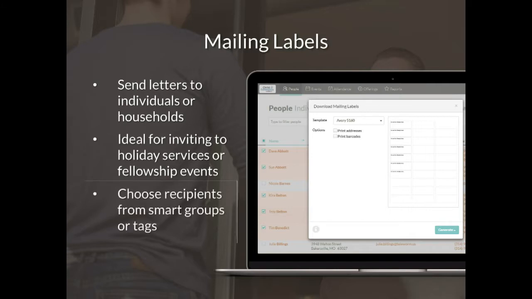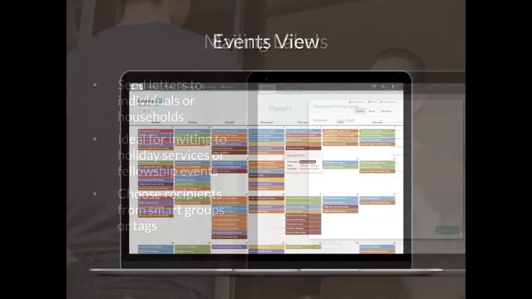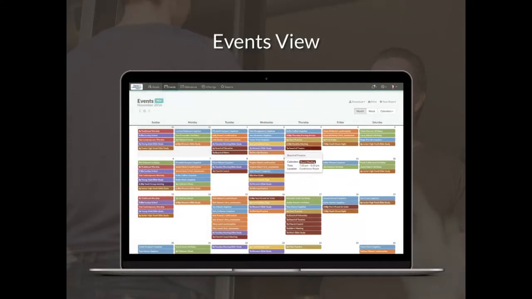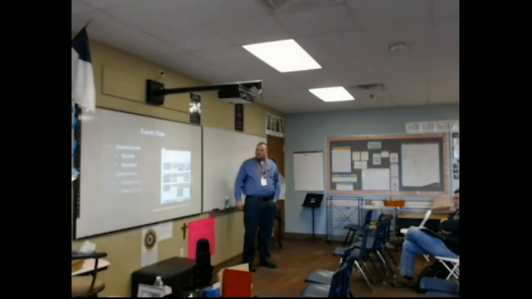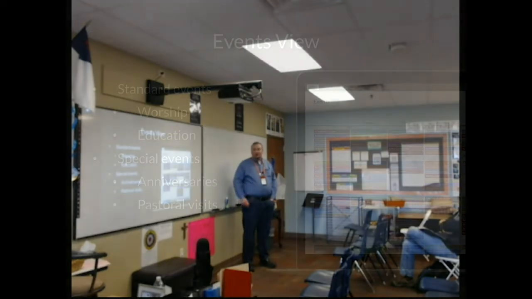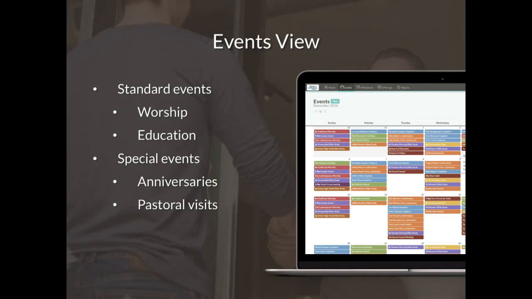Now, going back to pastoral visits, this is our events view, and this shows all of the different types of events on calendars, so worship and fellowship and otherwise. But those are the standard events, like education in there too. But there's also the special events like anniversaries, baptism anniversary, birthdays, wedding anniversaries, even death anniversaries, but also pastoral visits.